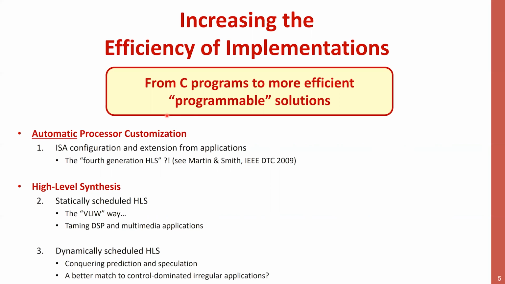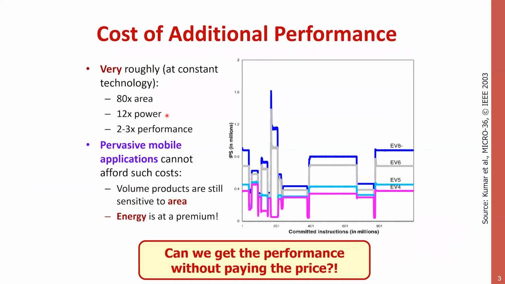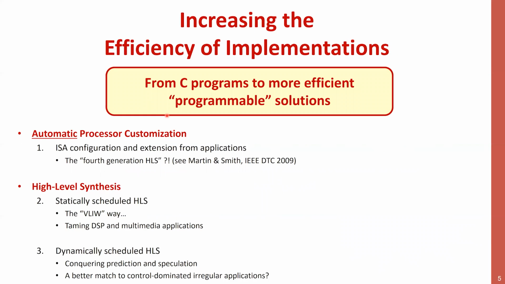I'll do much more surgical modification to the processor, but in such a way that that application, that program, or a few programs of a similar sort, will get this performance benefit. So essentially, we'll try to get the performance and try not to pay the price. The loss will be in terms of generality.